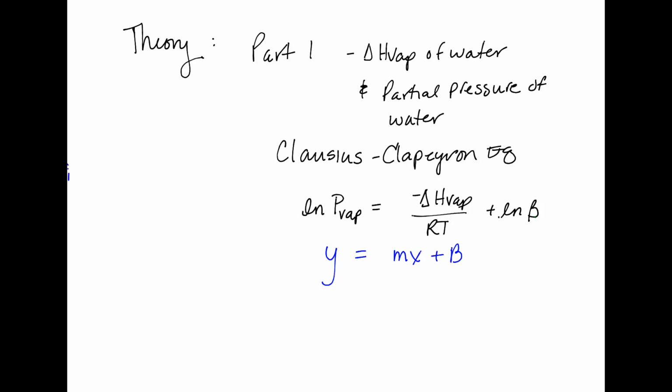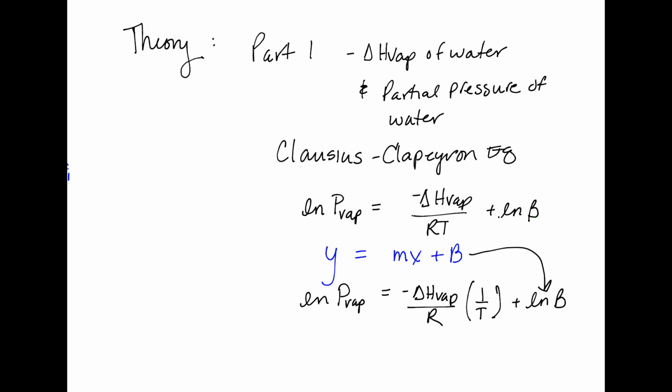So that's what I'm going to do. The y would be the natural log of the partial pressure. The m is negative delta H of vaporization divided by R. 1 over T would be the x. And then the natural log of b would be that b constant.